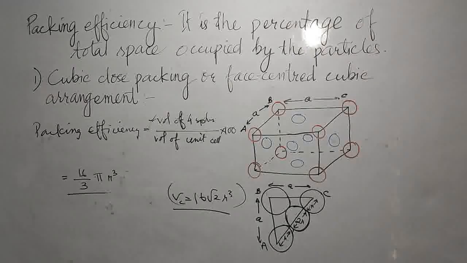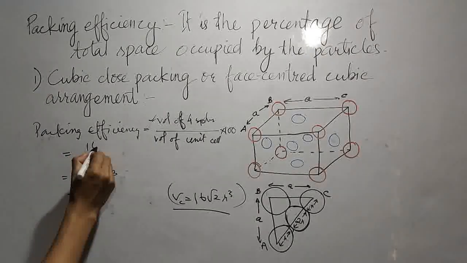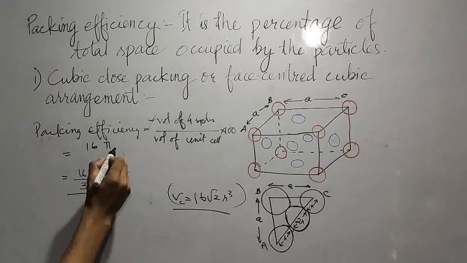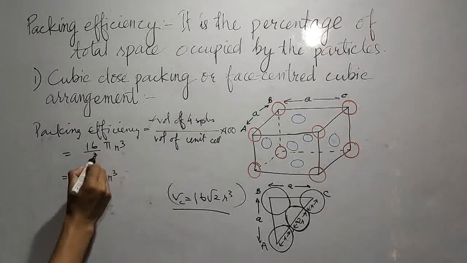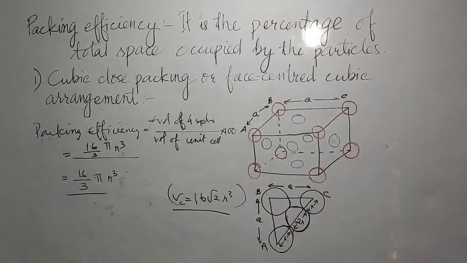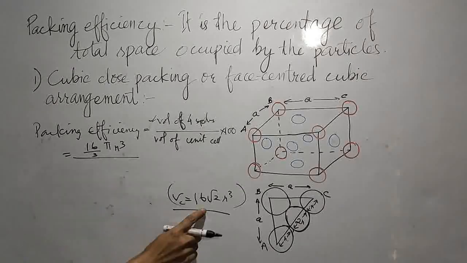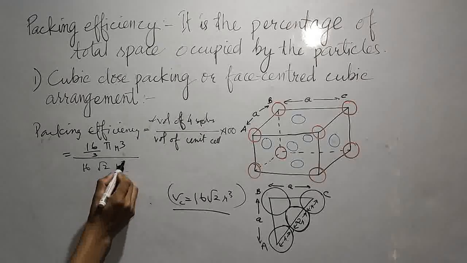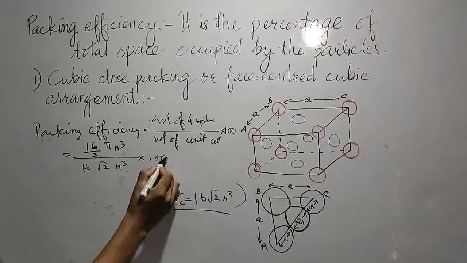Then we write here 16 pi r cube by 3 divided by the volume of the cube, so that is 16 root 2 r cube, into 100.